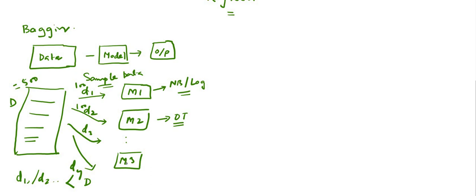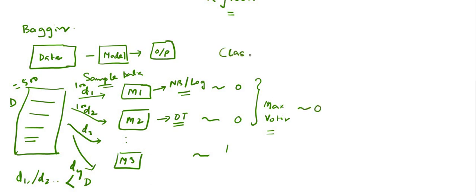We build models like this and all are running in parallel and independently. Suppose for a classification problem, these models gave me the output 0, 0 and 1. In this case it will go for max voting, and it will say my output is 0. So this is for the classification problem.